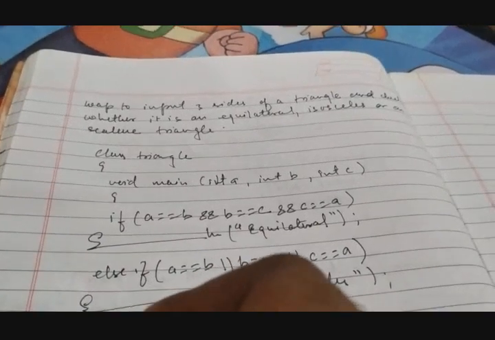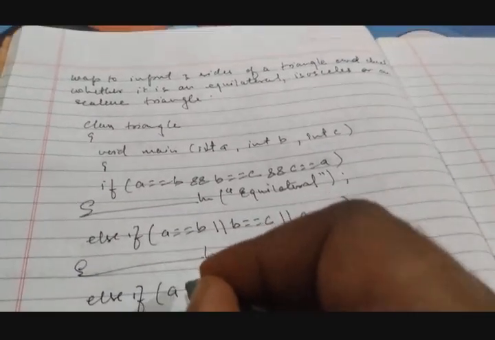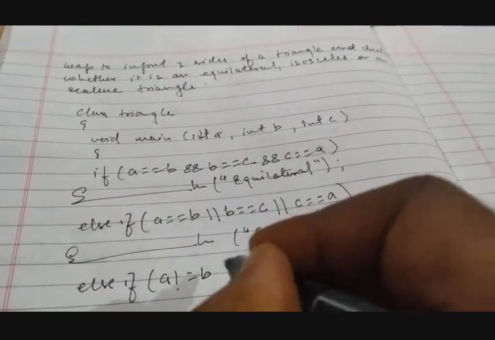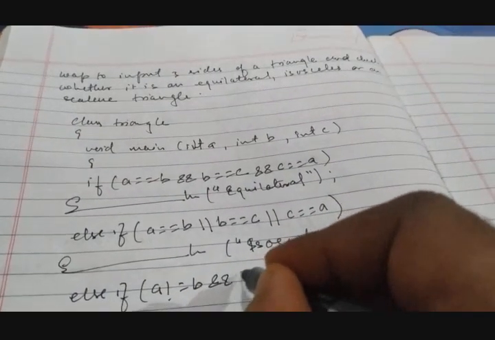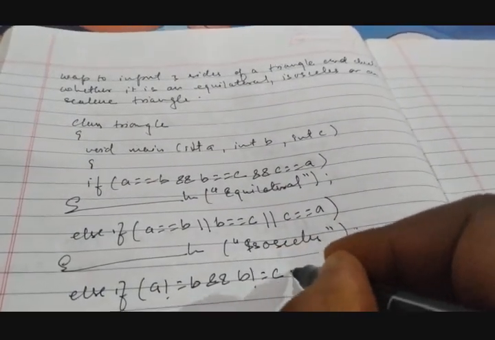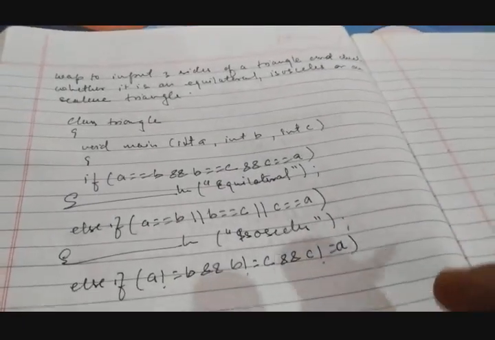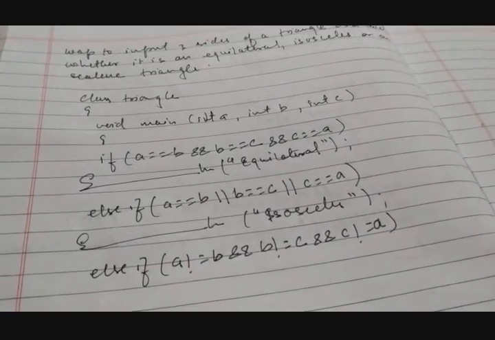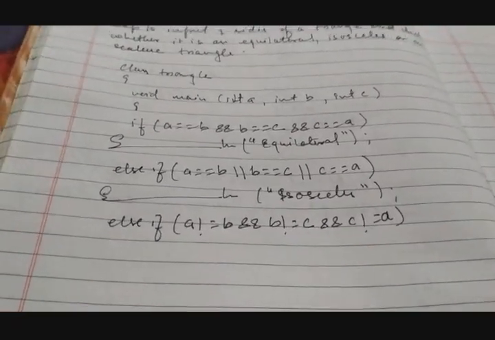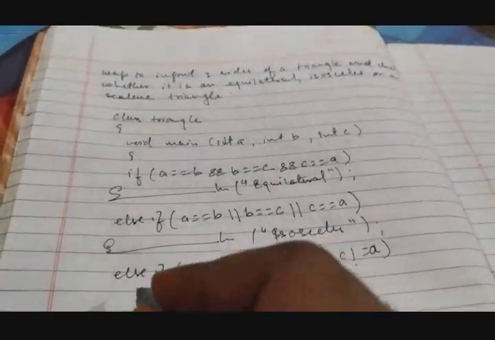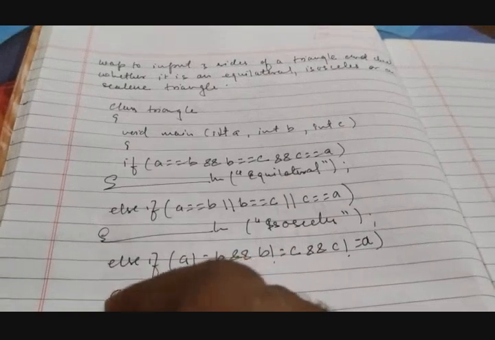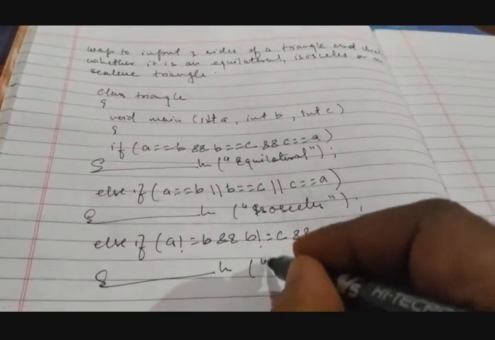Else if A is not equal to B, and B is not equal to C, and C is not equal to A. When all the three sides of a triangle are not equal, then only it's a scalene.